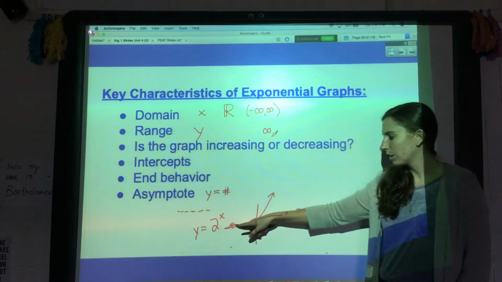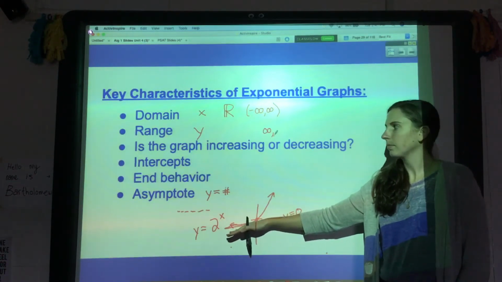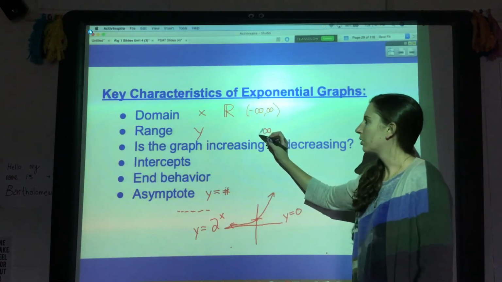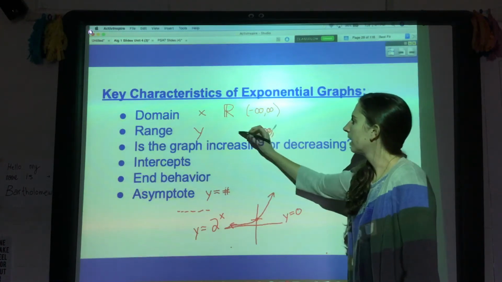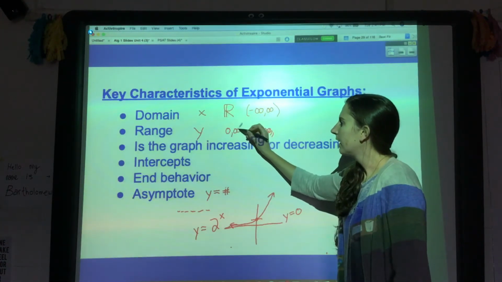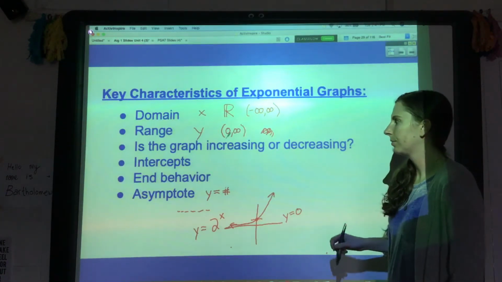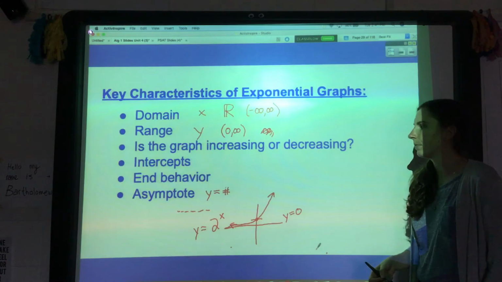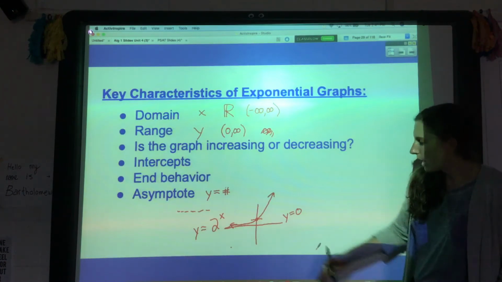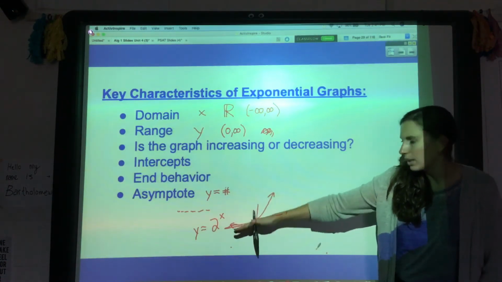It never crosses that asymptote. So the range is 0 to infinity, but it never hits 0, so we're not going to include the 0. That's why we use a parenthesis, not a bracket. The range is only from 0 up, not including 0.